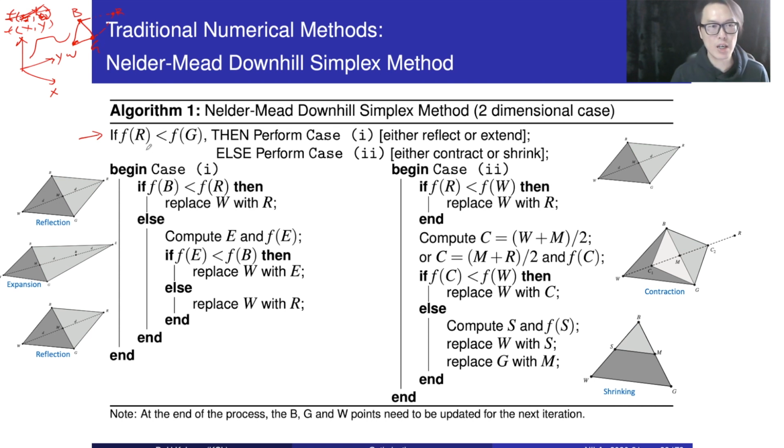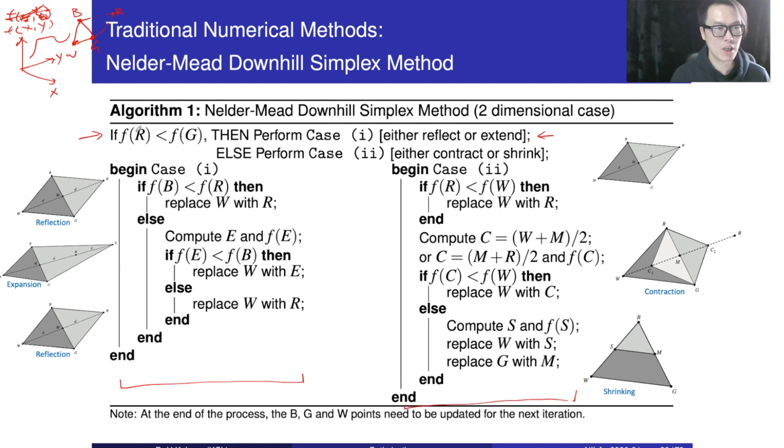Because this is a minimization problem, the cost of R should be less than the good point. If this happens, we are going to do reflection or extension, that is expansion. That is this process. Otherwise, we do case 2, either contraction or shrinking. That is this column.